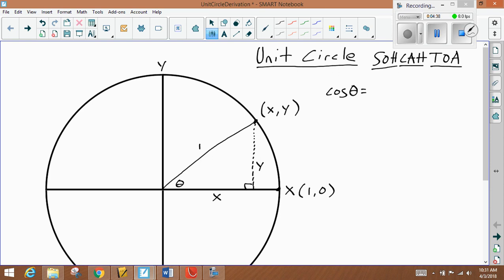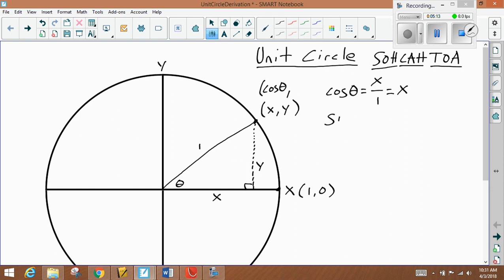It is adjacent, so x, over hypotenuse, which is 1. So that's x over 1, which is x. That means that my x coordinate is cosine theta.